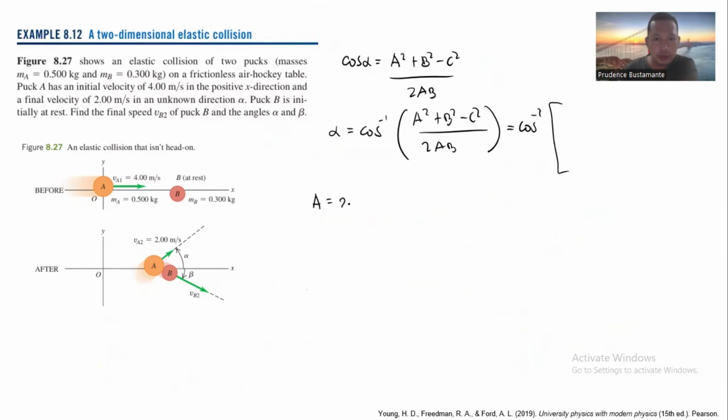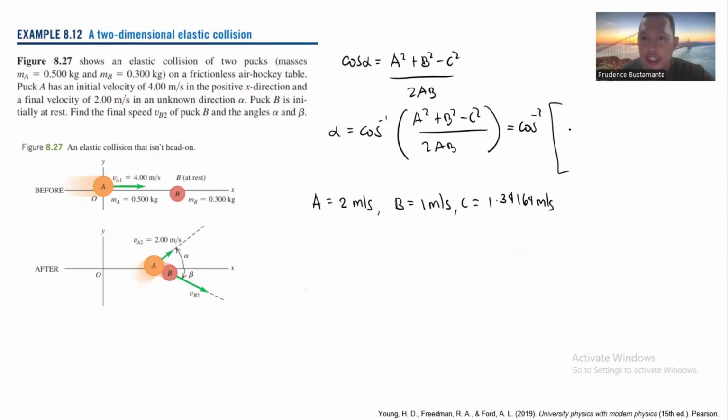So here, A is equal to 2, B is equal to 1 meter per second, and C is equal to 1.34164 meters per second.